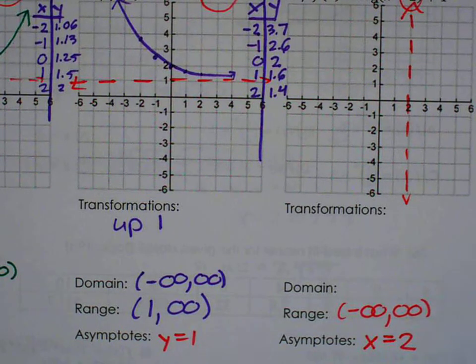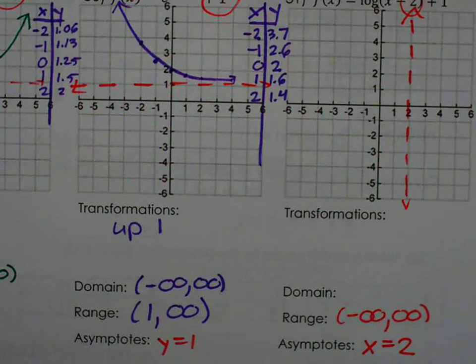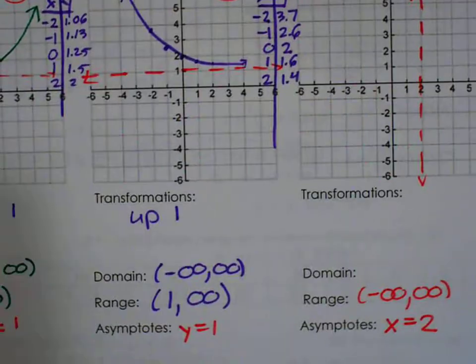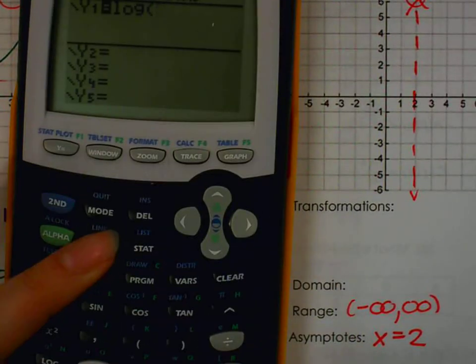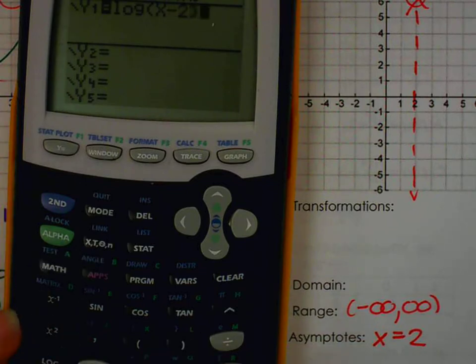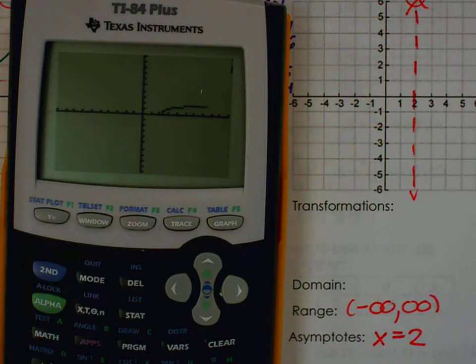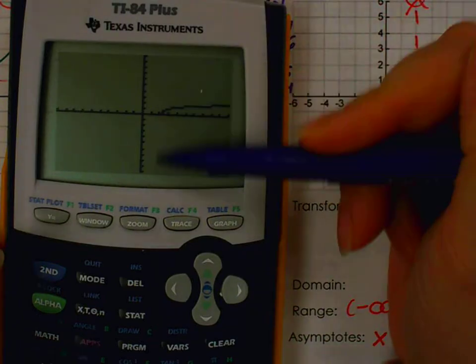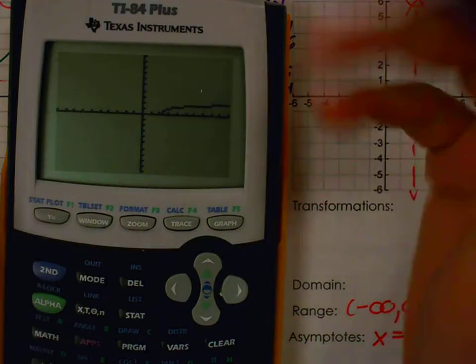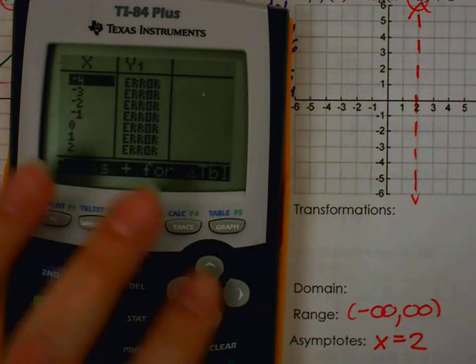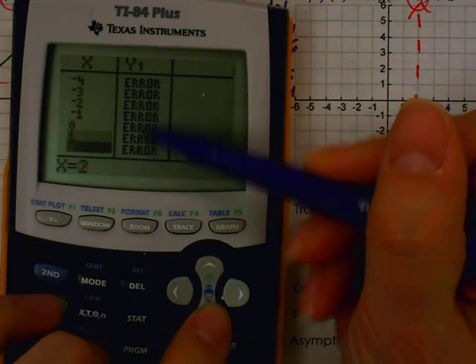So let's put in log of x minus 2 plus 1. Oops, and let's quickly graph it. You can almost see right here at 2 is where it stops. That's my vertical asymptote. Let's get some points. All these errors are because it's past that asymptote.